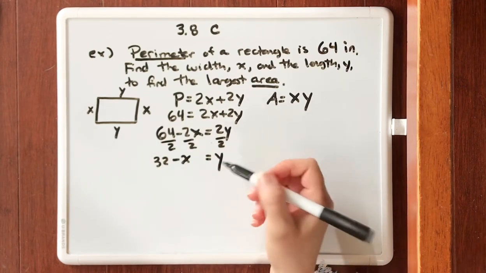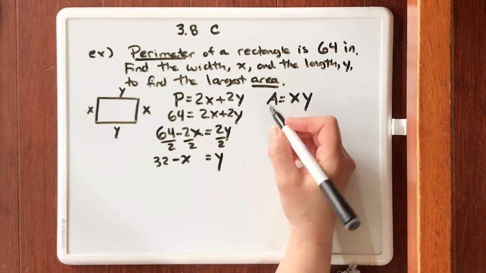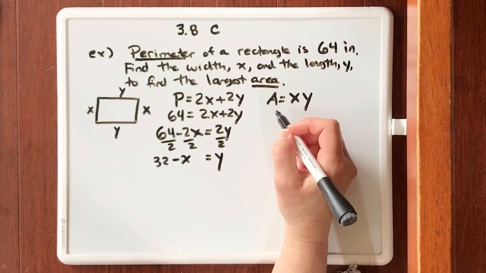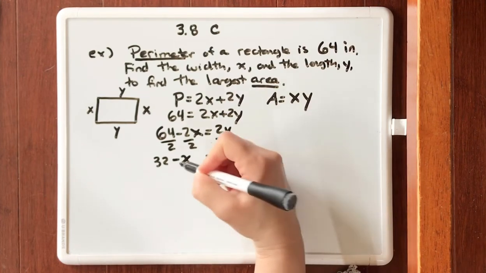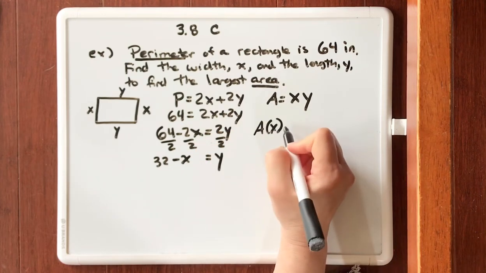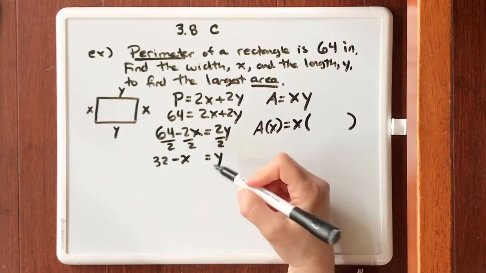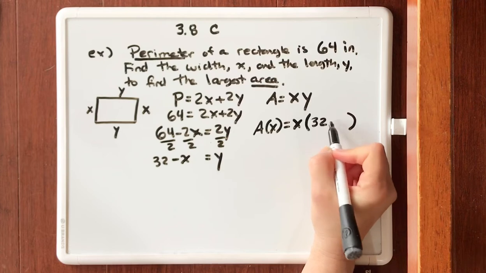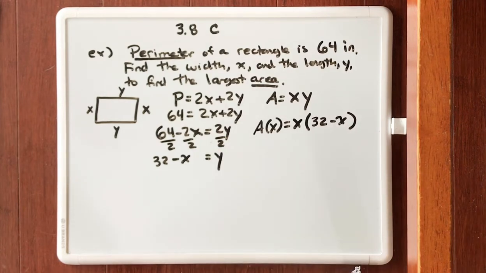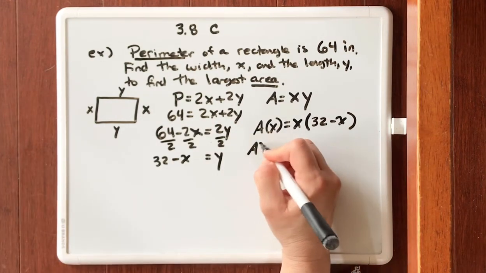All right, that's great. We found out what y is, so now we can apply it to the area. Y equals this in terms of x now. So our function is going to be A of x equals x times what y is, and y is 32 minus x. Again, we're looking for the largest area, so we want to take A prime.